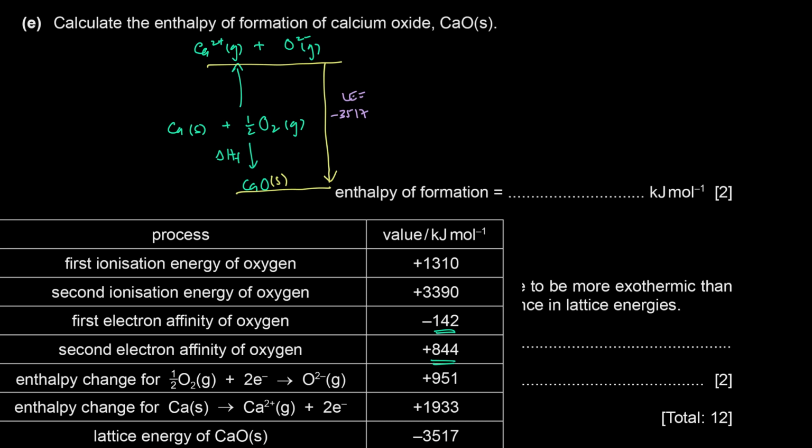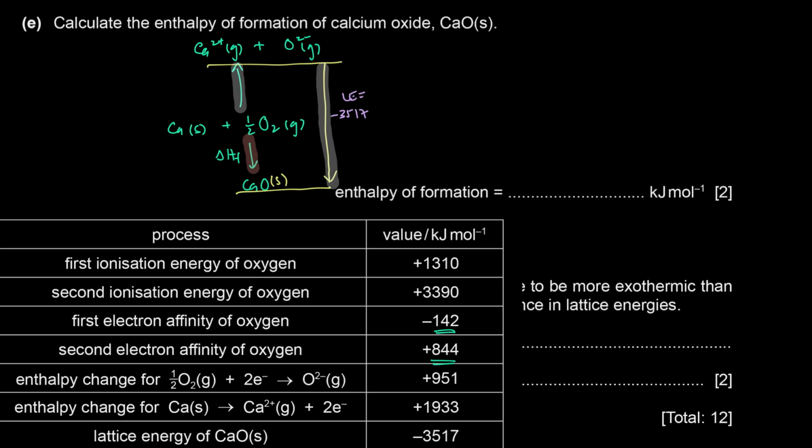So now we can say that first we can either convert the elements into the gaseous ions and then convert the gaseous ions into a lattice, or we can directly go from elements to the ionic lattice. That's the enthalpy of formation.